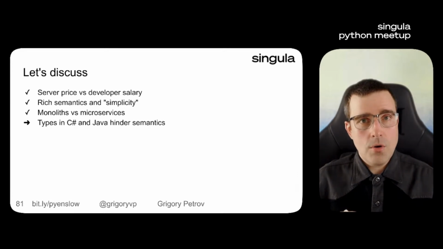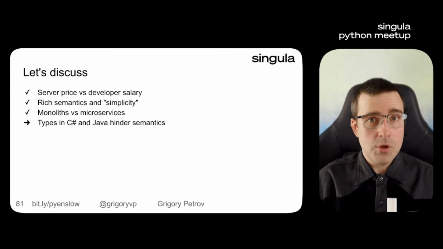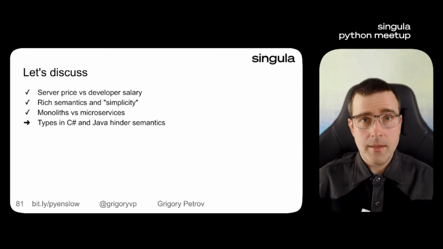I also want to elaborate about languages like C Sharp and Java, which also use garbage collection, but unlike Python, they use compilation instead of virtual machines. And for that reason, they cannot add rich semantics and be as good as Python for everyday use.